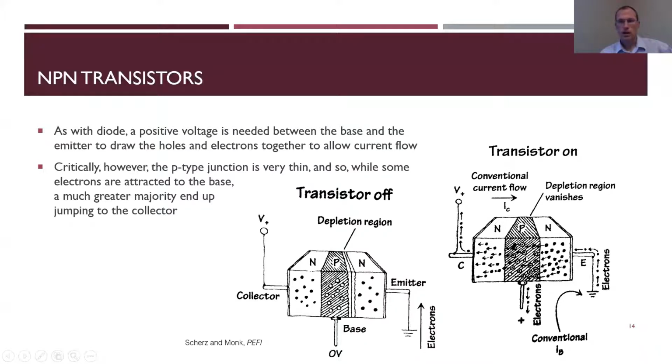When they do that, the majority of them keep going straight through because on the other side, it's a very thin depletion region. Most of them just carry straight on through and go to the collector. Some of them do go down to the base, but not as many because, again, this is a very small depletion region, so they generally just go straight through from the emitter to the collector in the on configuration.